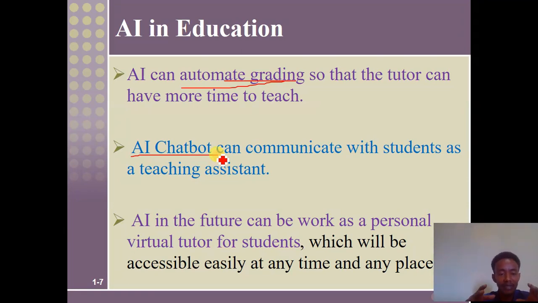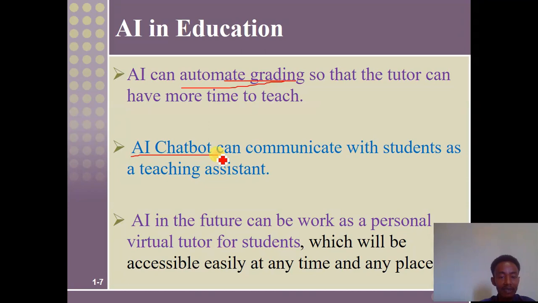By being a domain expert of one particular subject, it can give teaching assistance to the student. We have seen the chatbot in chapter 1, how chatbots can interact with human beings, and how human-computer interaction can work. Practically, I will show this for you as well.